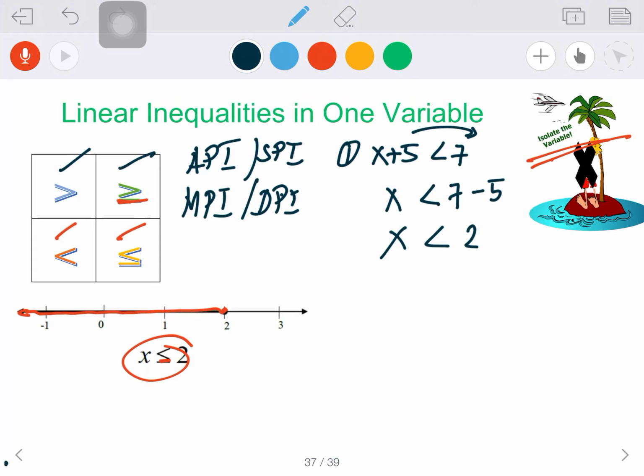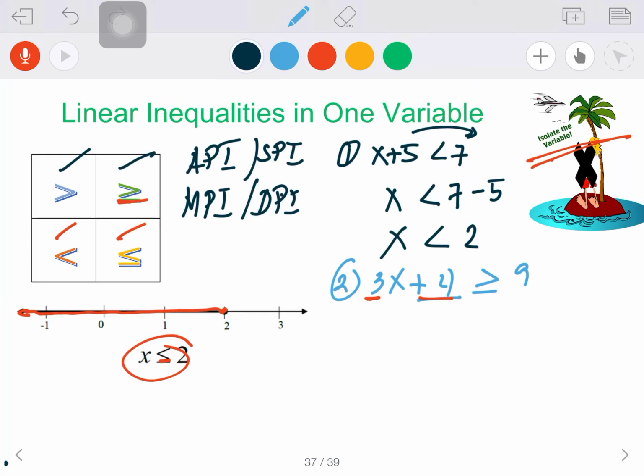Let's go to the next one. Let's say, for example, you have 3x plus 4 greater than or equal to 9. Same thing applies. So you have here a plus, 4 is added to the variable, and 3 is multiplied. So between the two, we use first the addition or the subtraction principle before we use multiplication and division.